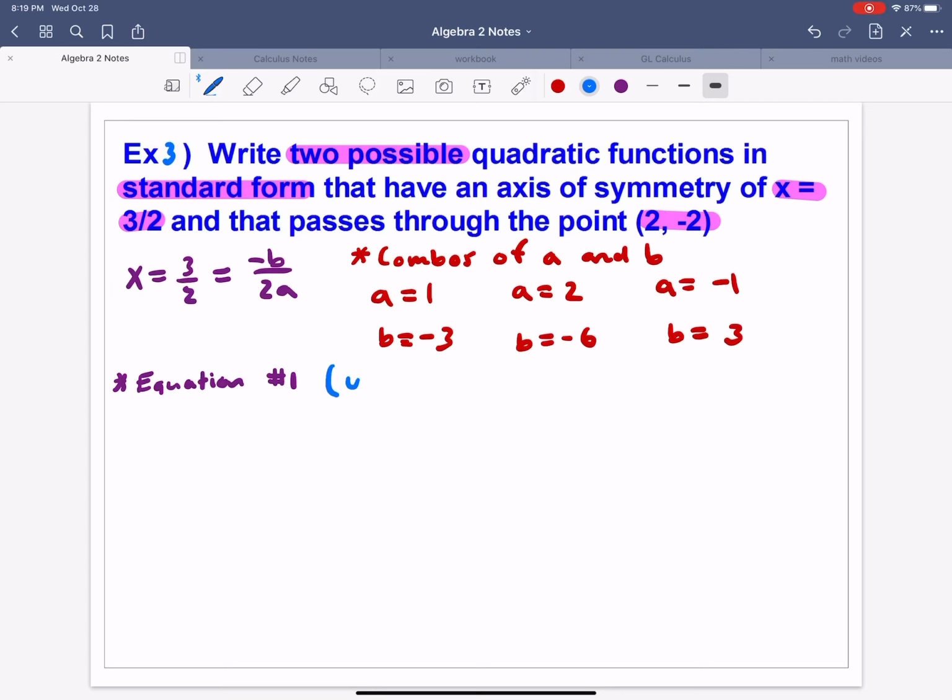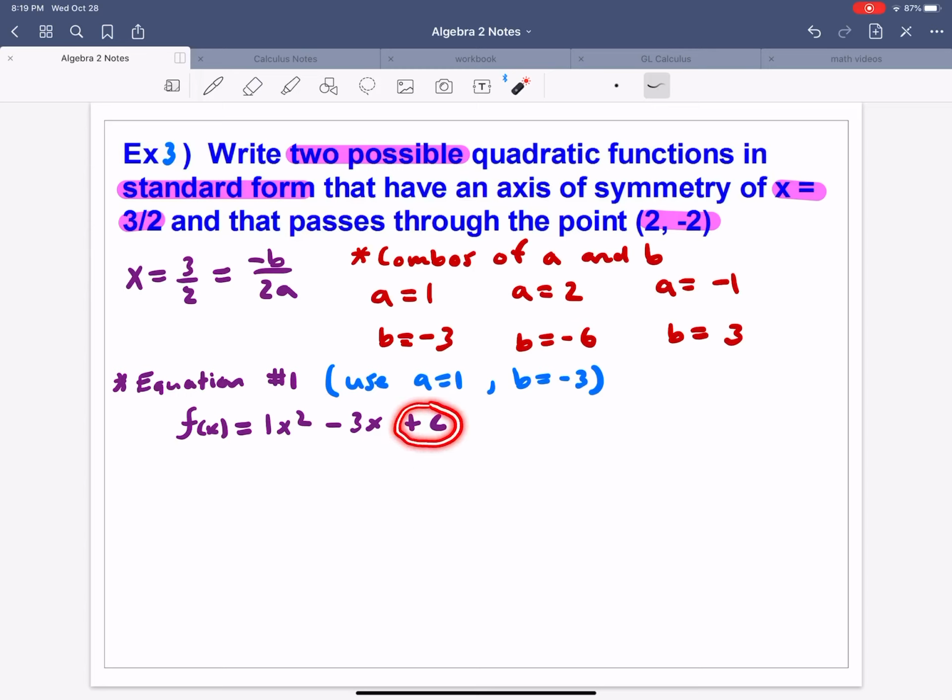For equation 1, let's use a equals 1 and b equals -3, just because that's what comes first. So what you're going to do is build your equation, and it's going to be f of x equals 1x squared minus 3x plus c. Now to find the c value, that's the only thing I don't know.